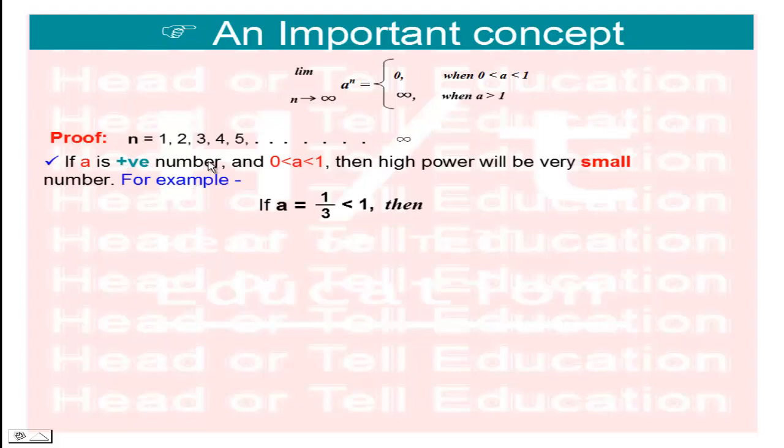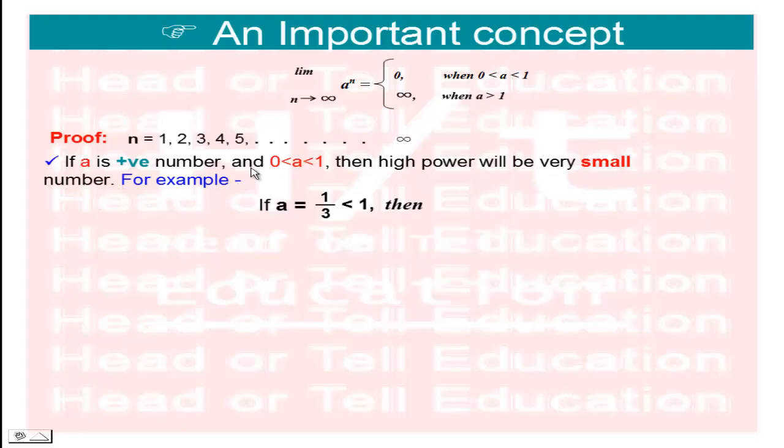To prove this, suppose we have n as the power: 1, 2, 3, 4, 5 and so on to infinity. If a is a positive number, greater than 0 and less than 1, then a high power will be a very small number.